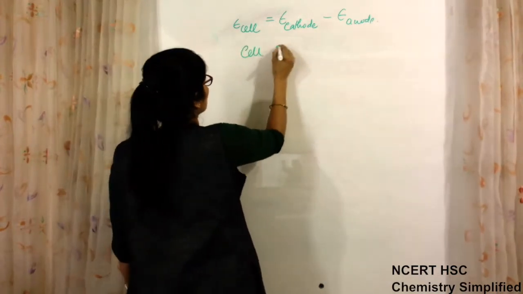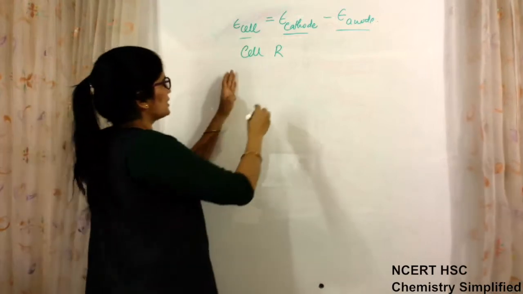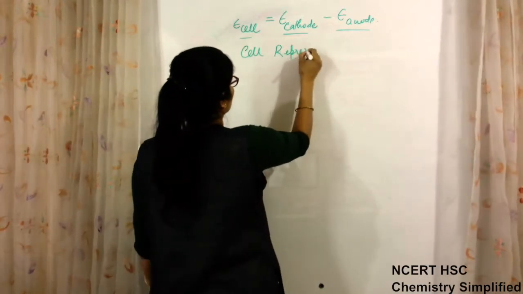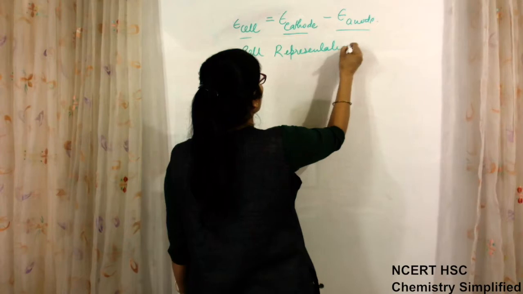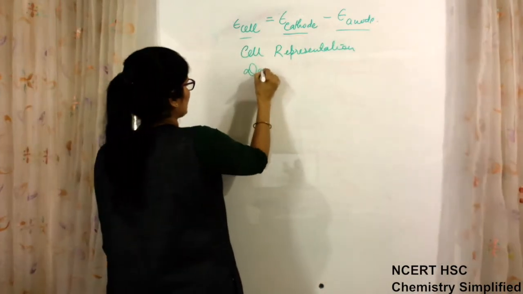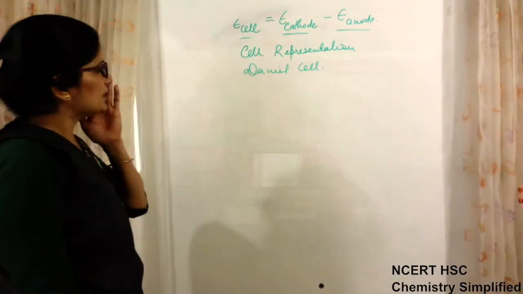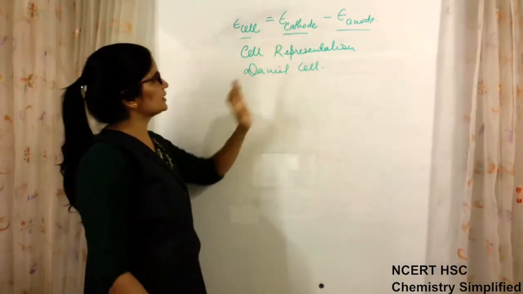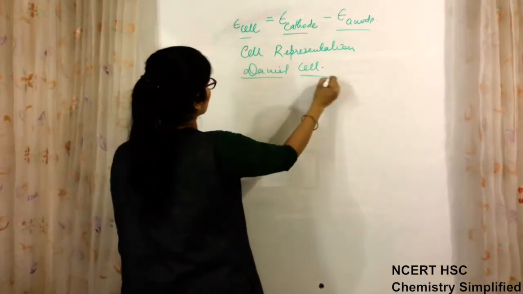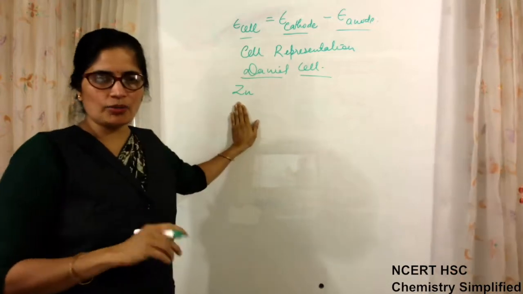Now, cell representation. How do we write a cell? Suppose we talk about the Daniell cell. Zinc is present in the form of electrode.